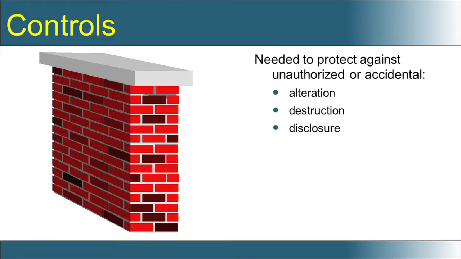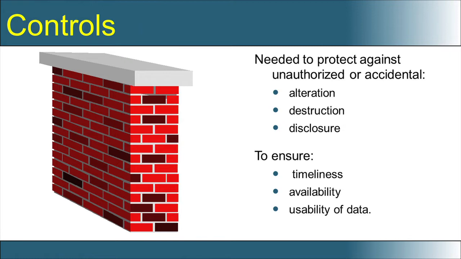Now what do we want to control? What is the goal of control? The goal of control is to maintain the CIA. Now let us look at the negation of this. It is to protect the system from what we call DAD. C is confidentiality, the opposite of confidentiality is disclosure.